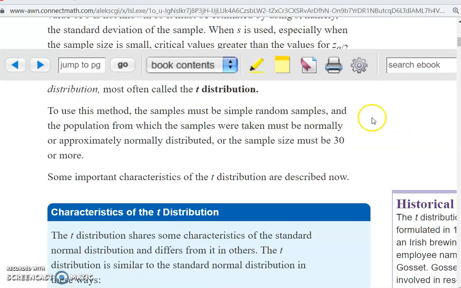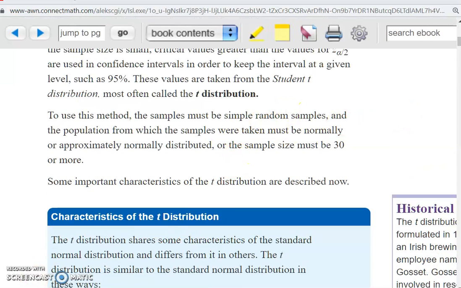Okay, in other words, when we say simple random variable, what do we mean by that? And I apologize, I may have said that wrong. I may have said simple random variables, but that's not what the book says. He says simple random samples. So what does he mean by simple? Simple is as distinguished from compound.